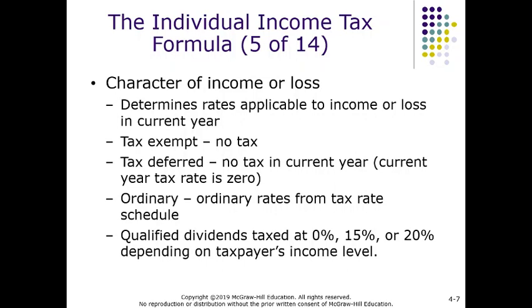Certain types of gross income are treated differently than other types for purposes of computing the taxpayer's taxable income and income tax liability. And so certain types of income are taxed at no amount because they're tax exempt, or if they're deferred, they're not taxed in the current year, they're taxed in some future year.